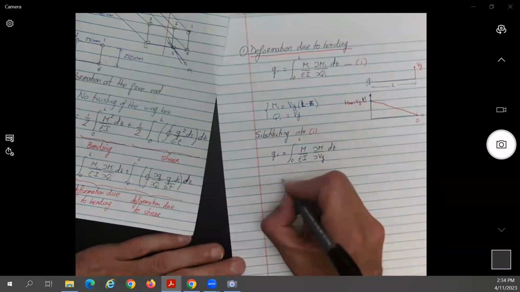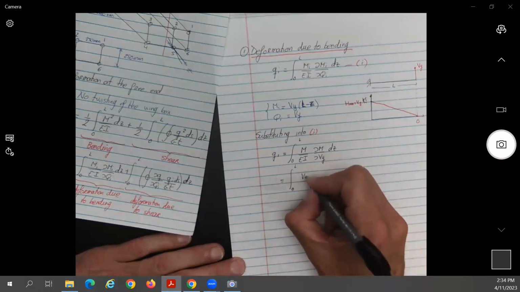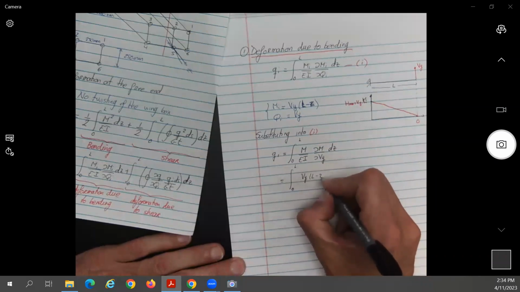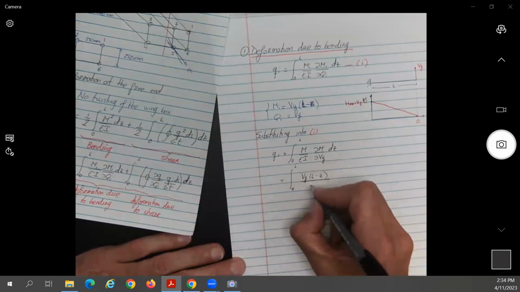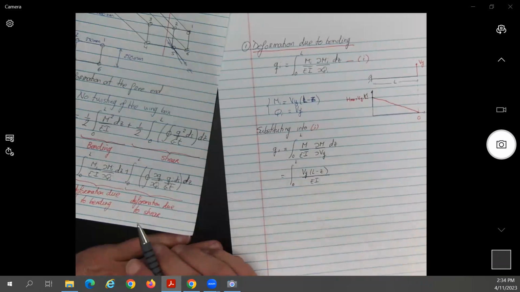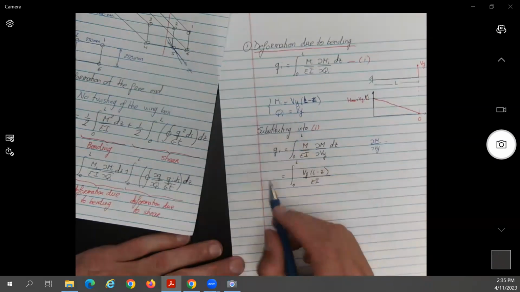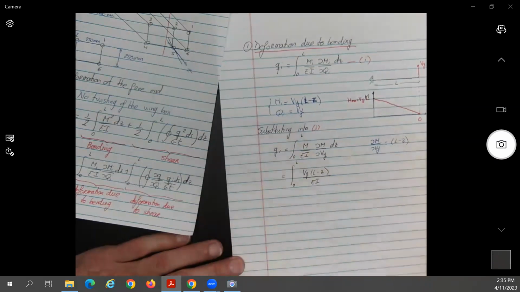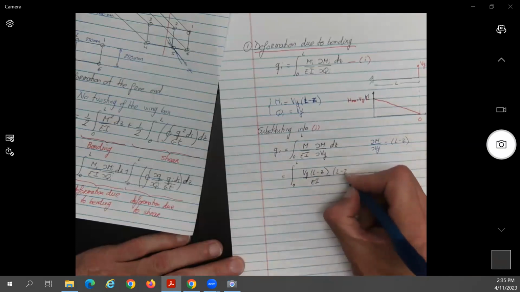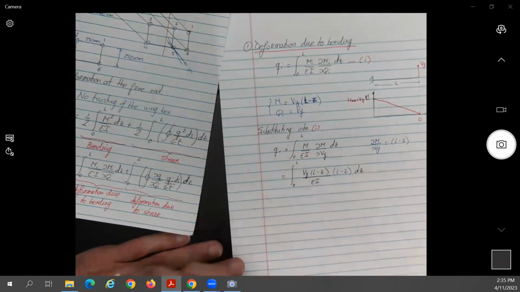So this will be equal to integral 0 to L, M is Vy times (L minus Z), divided by EI, times partial of M with respect to Vy. What will this term be? L minus Z. So we have it times (L minus Z). Easy.